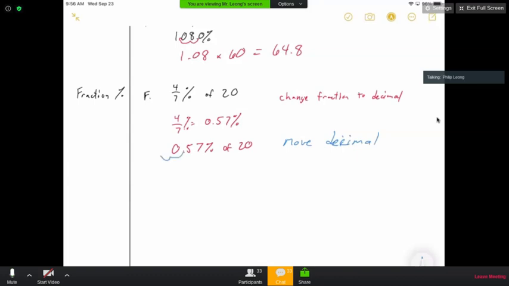So I get 0.0057. And then I multiply. So I get 0.114. So it's one extra step.